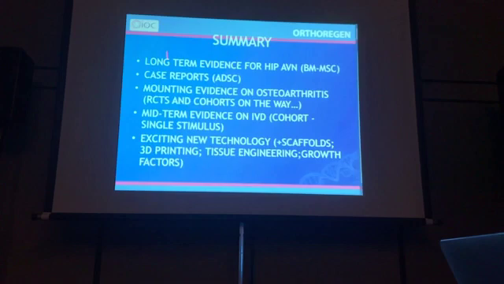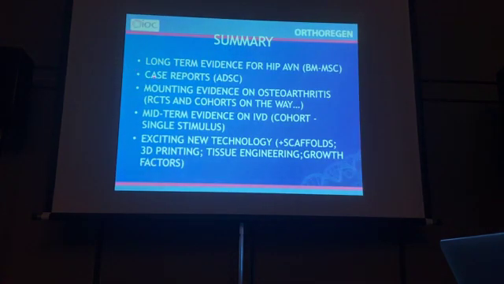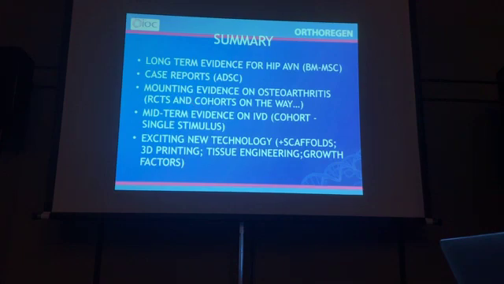Just to summarize, there is long-term evidence for hip AVN treatment with bone marrow MSCs. There are some case reports regarding adipose-derived stem cells for AVN. There is mounting evidence on osteoarthritis. RCTs are on the way. Professor Lana himself has one cohort study on the way.